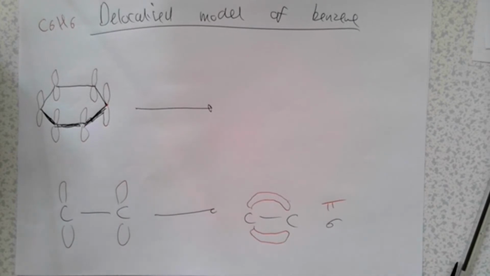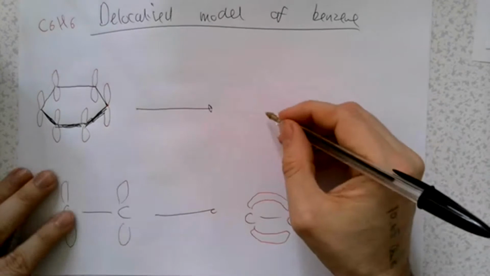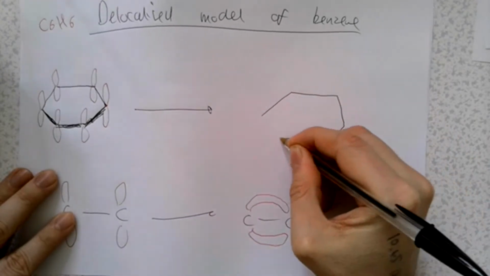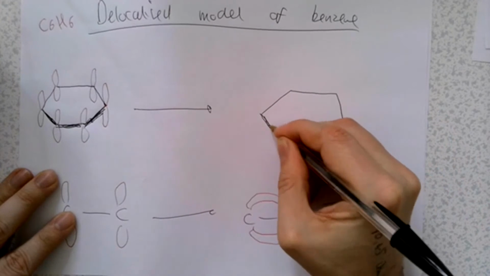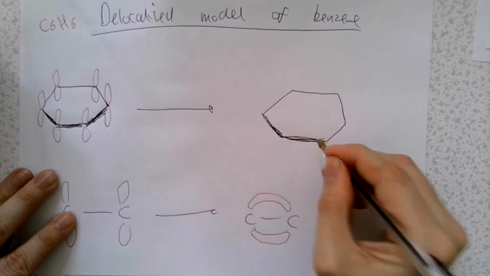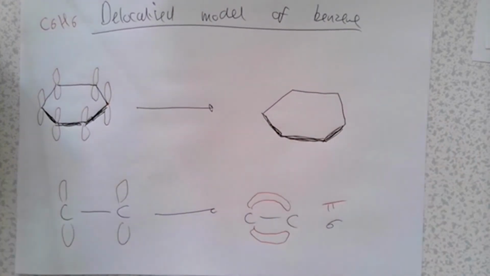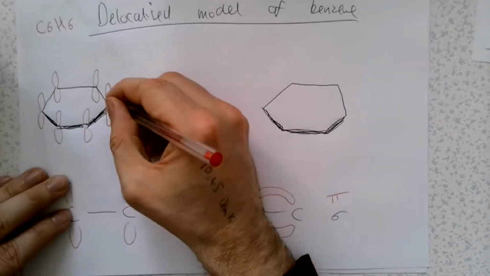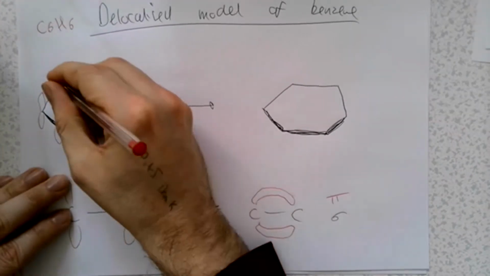In benzene, exactly the same thing happens, but with all 6 p orbitals. So we don't end up with a pi bond, so to speak, we end up with a pi system. It's like bigger than a pi bond. And so all 6 of these top lobes, I'm just going to shade in the top ones.